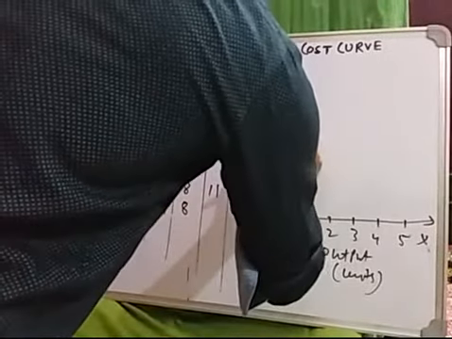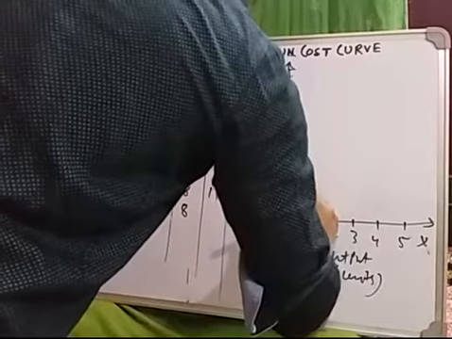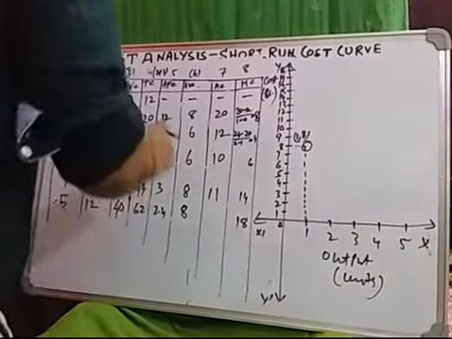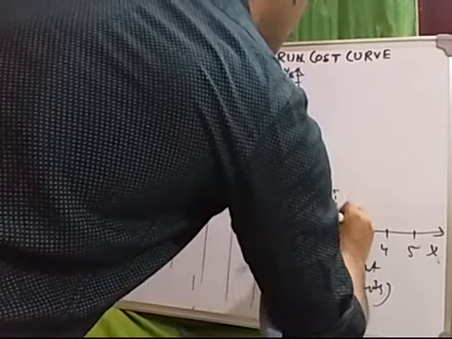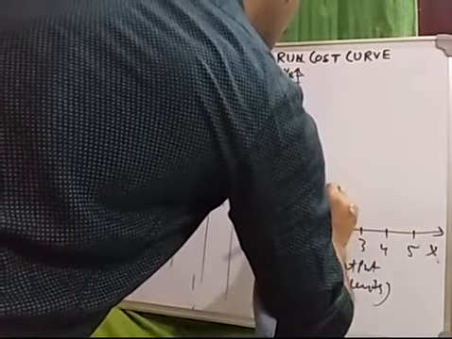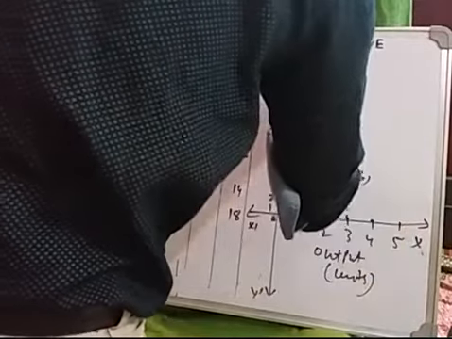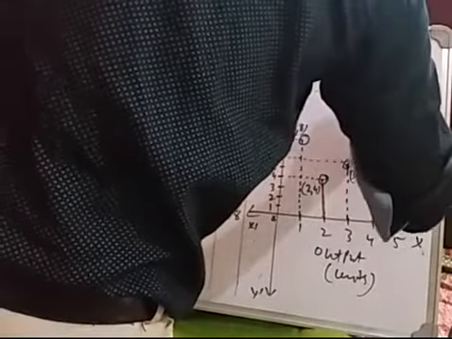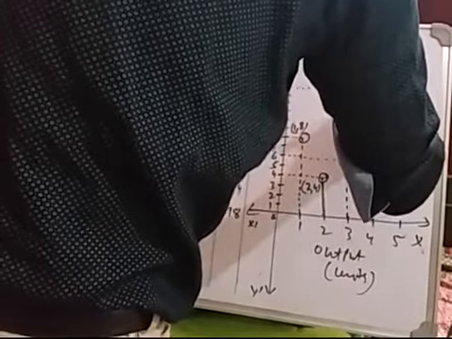So 1 comma 8. Now is 2 comma 4. Next is 3 comma 6. 4 comma 14.